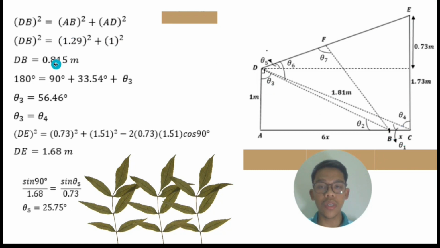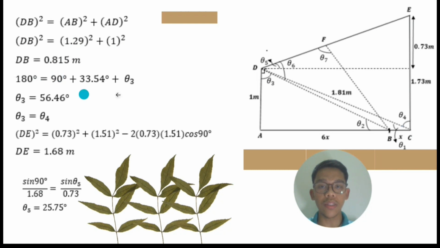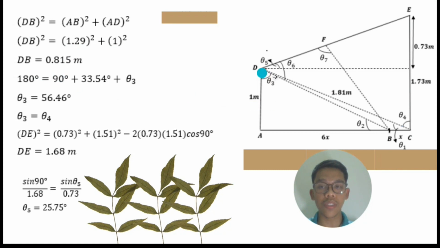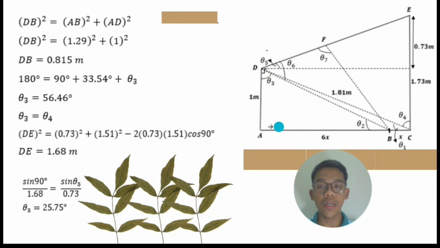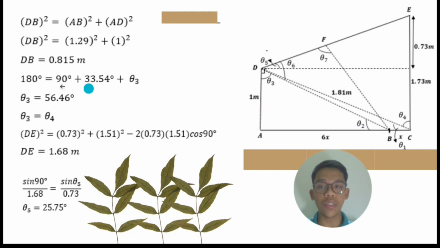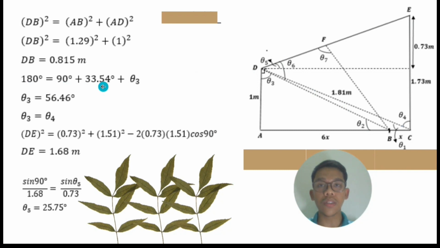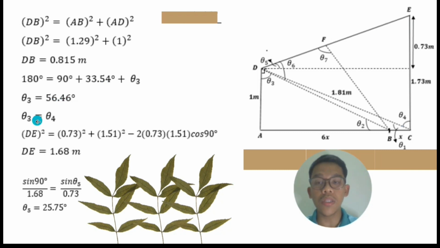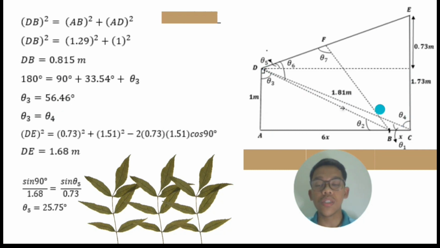For information, based on the illustration, the total of the angles in a triangle is 180 degrees. So right now we can find theta 3 by 180 degrees minus 90 degrees minus 33.54 degrees. We get theta 3 equal to 56.46 degrees. Based on the illustration, we can conclude that theta 3 equals theta 4 by the zigzag rule.